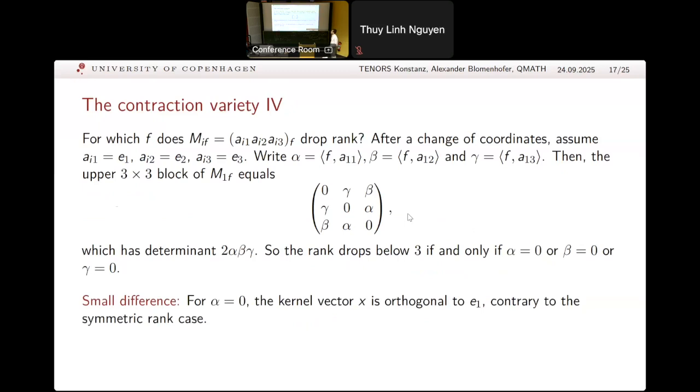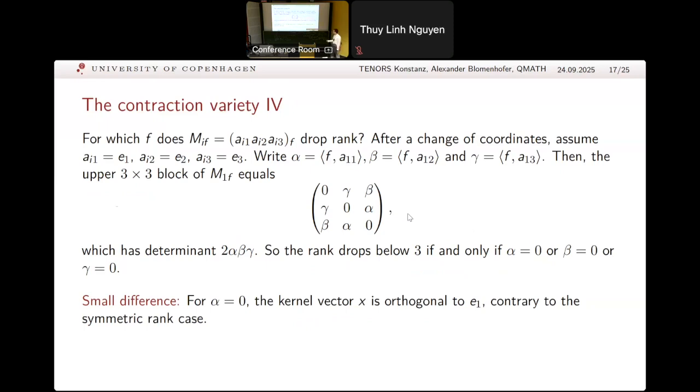This is a matrix here with gamma, beta, and alpha. And the determinant of this is 2 alpha beta gamma. So somehow magically, the rank drops below 3 only if the determinant goes to 0. And that happens only if alpha is 0 or beta is 0 or gamma is 0, which means exactly that F is orthogonal to AI1, AI2, or AI3. Nice. So this is what we wanted.